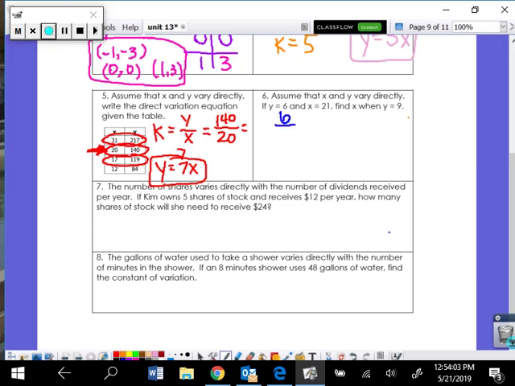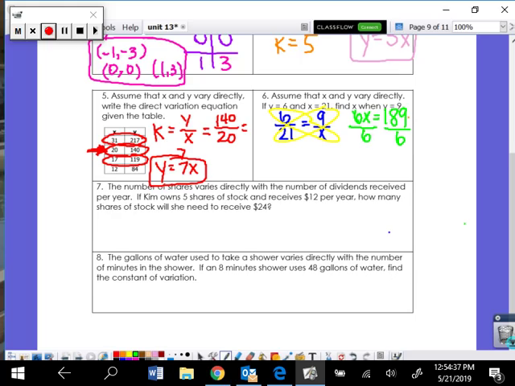6 divided by 21 equals 9 divided by x. So that's y divided by x equals y divided by x. Now we cross multiply. 6 times x is 6x. 9 times 21 is 189.